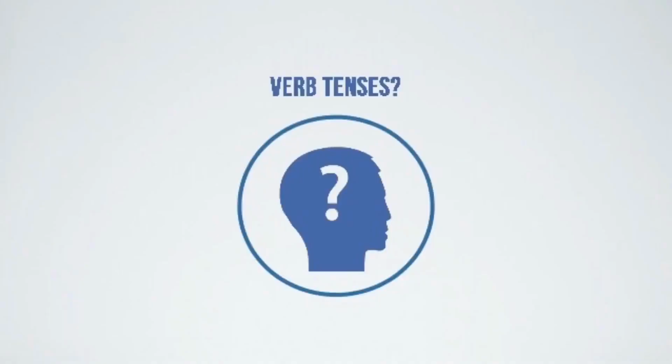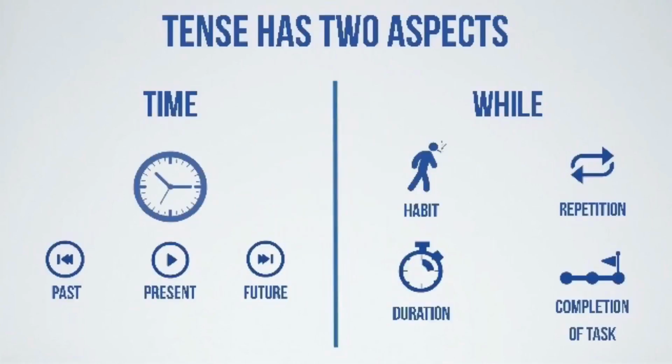Well, tenses play a crucial role in the English language. It denotes the time an action takes place, whether sometime in the past, in the present, or will take place sometime in the future. As we all know, tenses has two aspects.